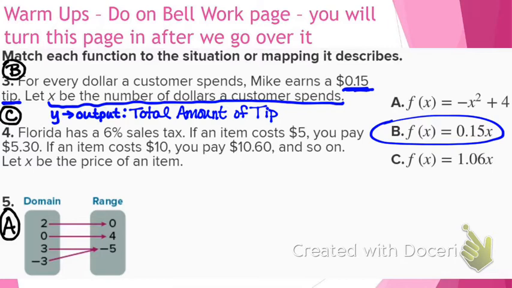What about number 4? How did we know that that was C? Tell me what you saw or how you knew to eliminate the other options. How did you know it had to be C and not A?